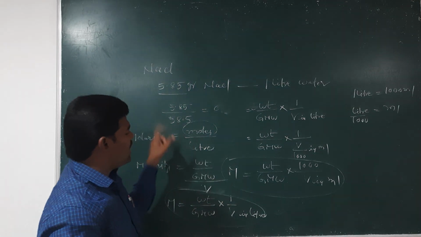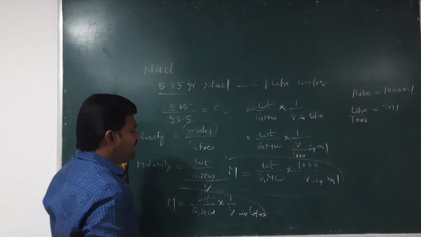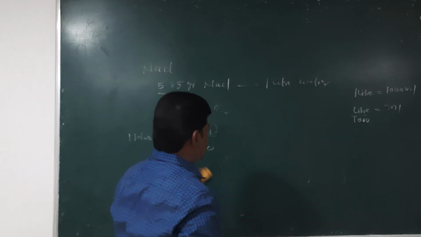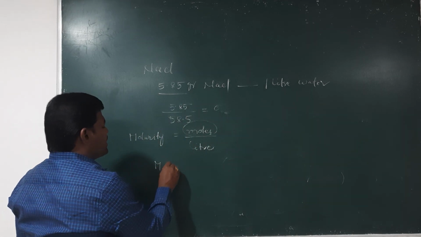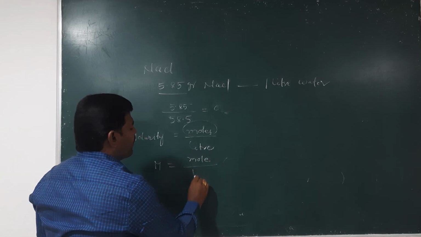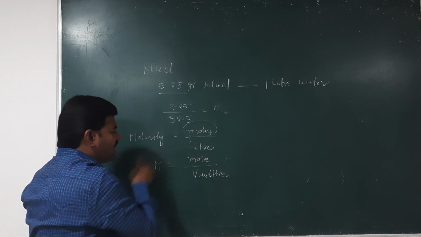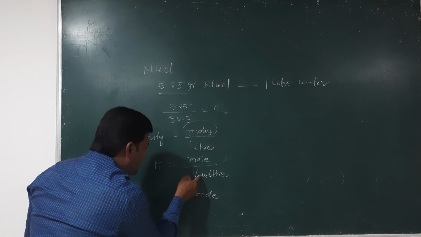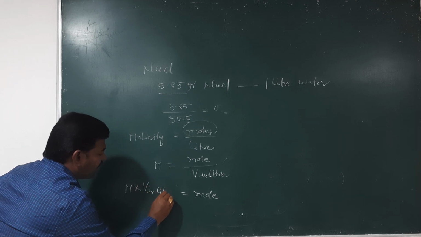Now coming to this equation, molarity M is equal to moles per liter, V in liters. From this equation we can write moles is equal to, by cross multiplication, molarity into volume in liters.